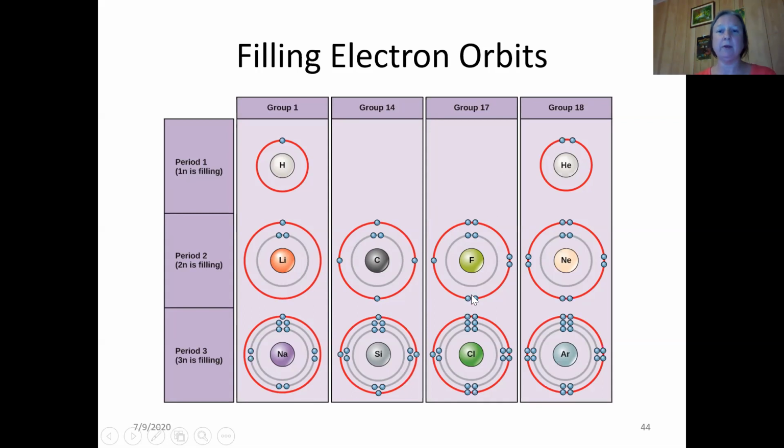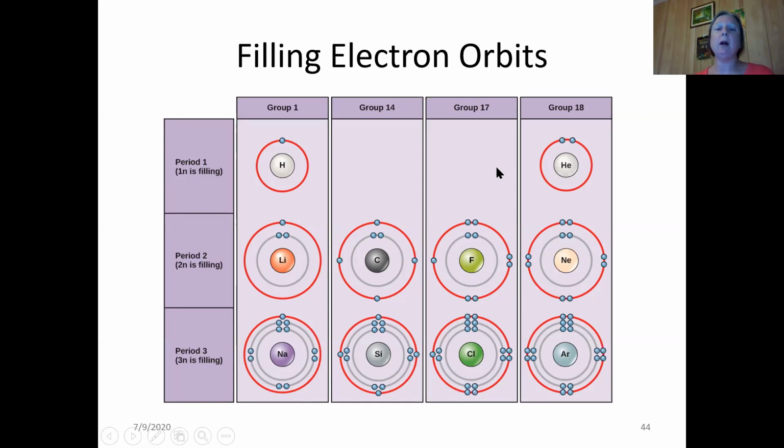This is fluorine, 7. Now notice fluorine only needs 1 more electron to get to this perfect paired state. And so that's why fluorine exists, if it's an ion, as a -1 anion, because it takes that 1 electron any chance it gets, to get a filled shell, noble gas configuration, and that gives it a 1- charge.